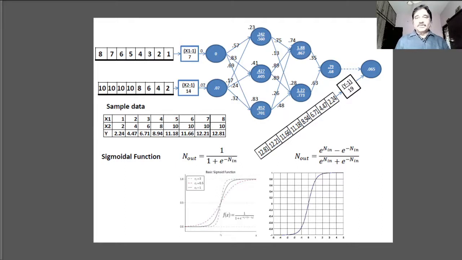One thing you must understand is that the neurons are to be fed with data which ranges between 0 to 1 or minus 1 to 1. The data you have will not be in that range, but you can always map the data to values between 0 and 1, or map it to values between minus 1 and 1.